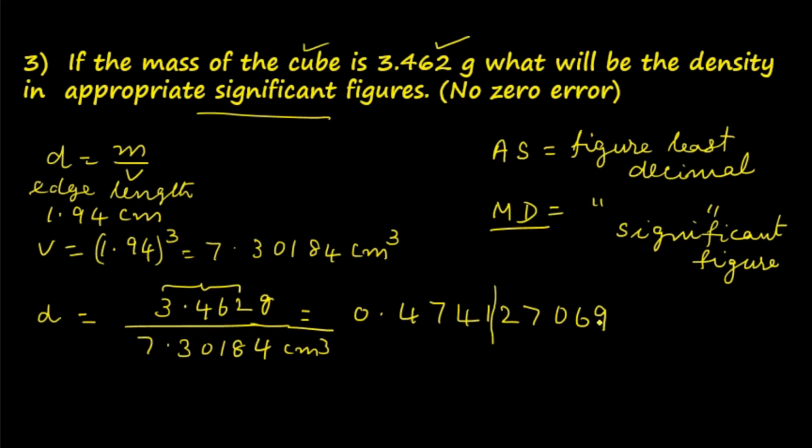Consider the rules of rounding off figures. 9 is greater than 5, so the preceding number 6 becomes 7. 7 greater than 5, the preceding 0 becomes 1. It is less than 5, so the preceding 7 is not affected. So 7 is greater than 5, so the preceding 2 becomes 3.